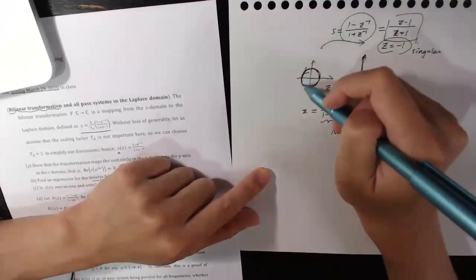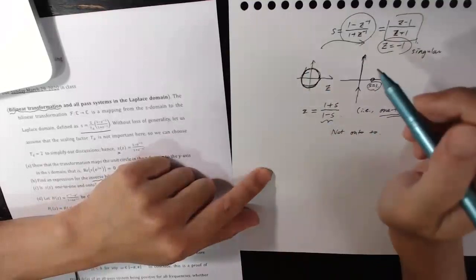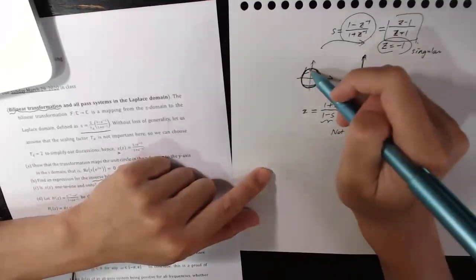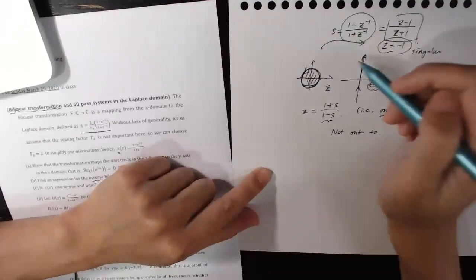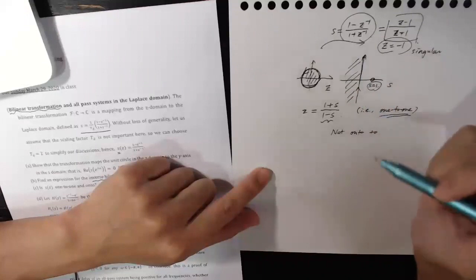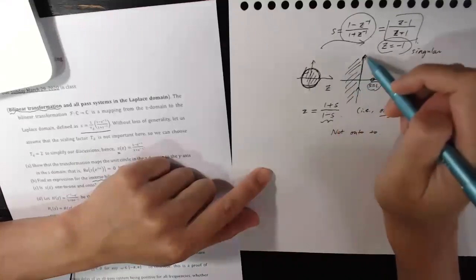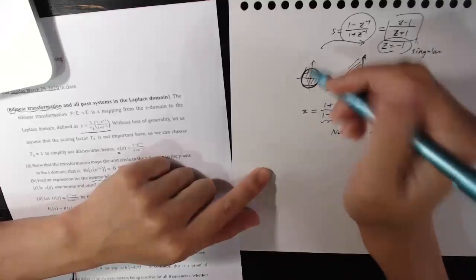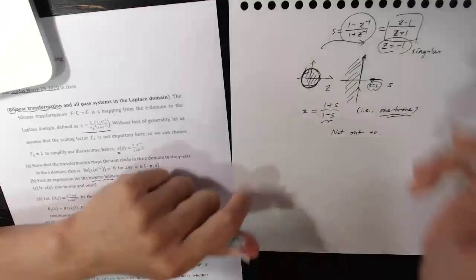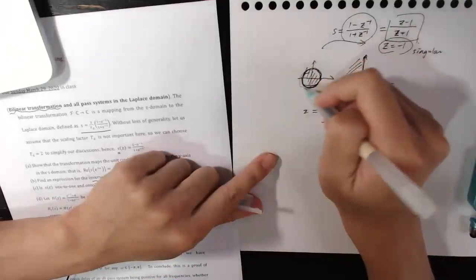Imagine that you're going around the unit circle counterclockwise. A conformal mapping tells us that what's on the left-hand side, which is inside the unit circle, remains on the left-hand side after the mapping. So the inside maps to the left half plane, and the outside, if you imagine that you're going around this unit circle counterclockwise, remains on your right hand, right?